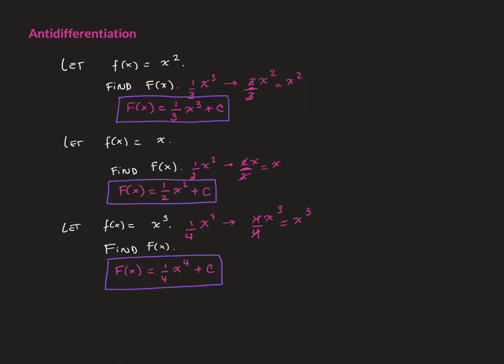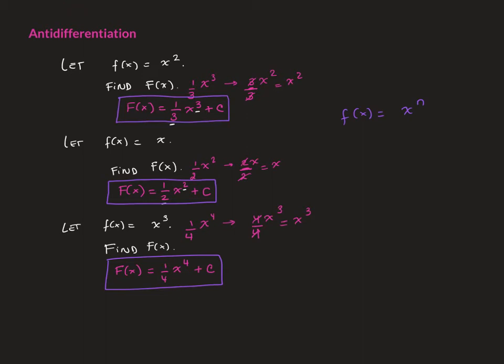Now, look at this. Can we figure out a pattern for a general function f of x that is going to have the form f of x equals x power n? So look at what's happening. The antiderivative of x power 2 was 1 degree higher, so it became x power 3, and that same 3 appears dividing. The same thing is happening in the antiderivative of x. The antiderivative of x is 1 degree higher, and that same value is dividing.